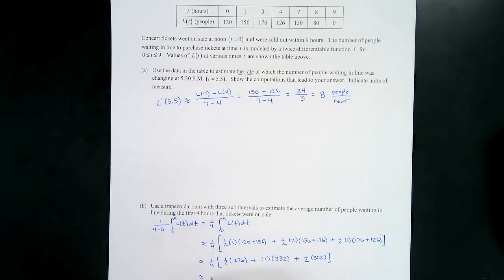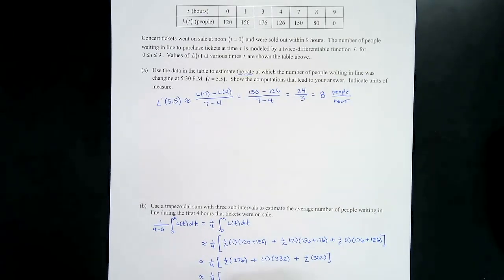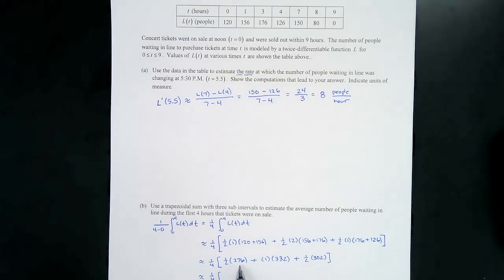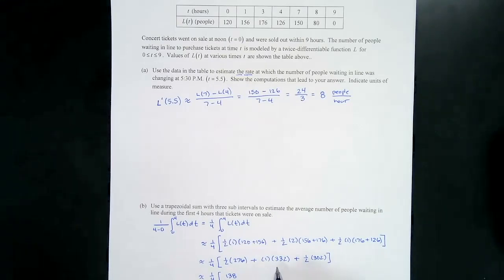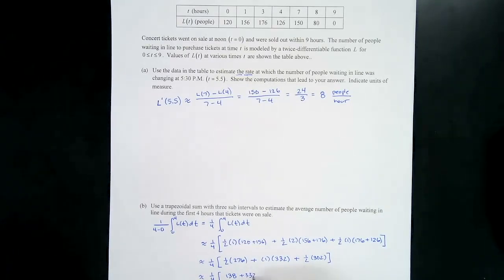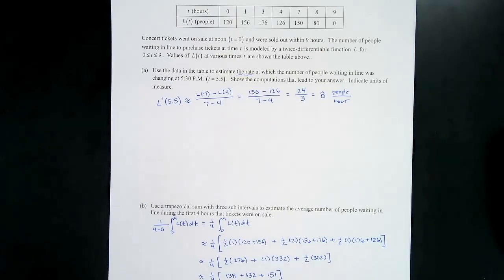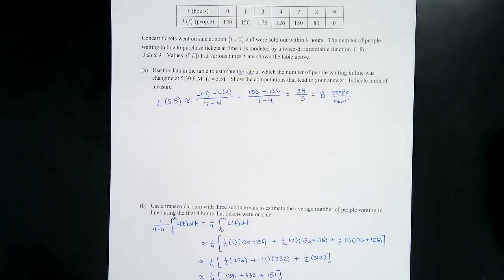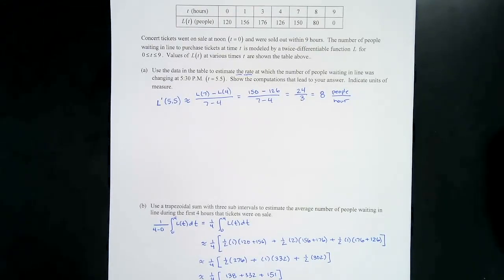Keeping that 1/4 out here, that'd be 1/4 times, and then this would be half of 276 is 138, plus 332, plus half of 302 would be 151. And so putting this into our calculator, if we add these up and multiply by 1/4 or divide by 4, we get 155.25 people.